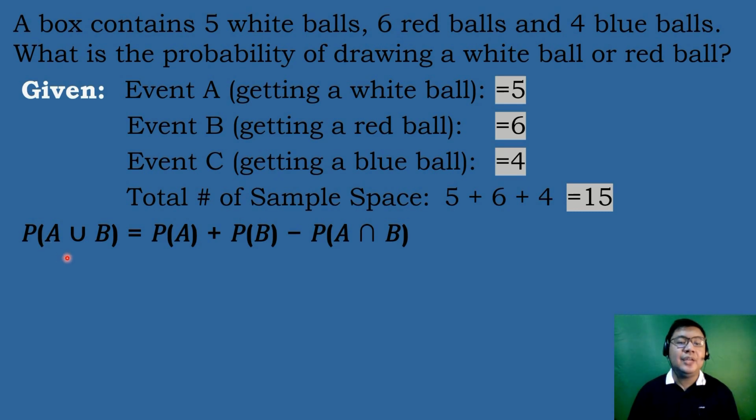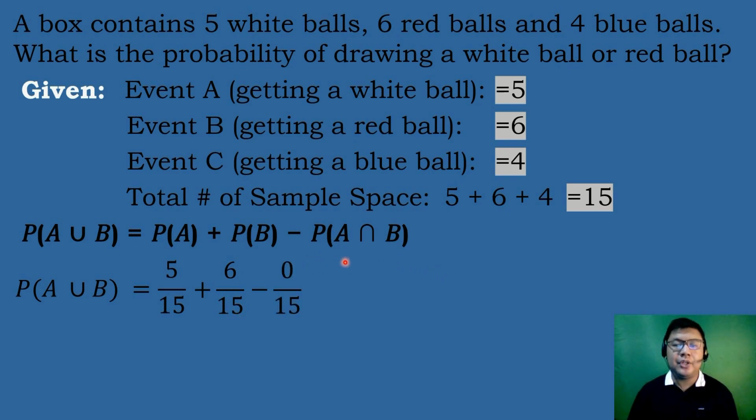Probability of A union B is equal to the probability of A plus probability of B minus probability of A intersection B. Probability of A union B is equal to the probability of A, so we have 5 event outcomes all over 15 total number of sample space, plus the probability of B, which is equal to 6 event B outcomes all over the total number of sample space, which is equal to 15.